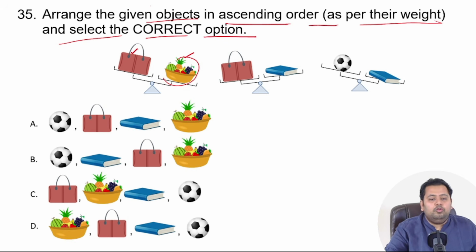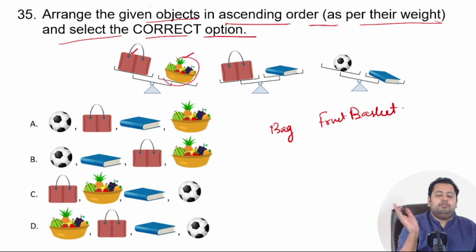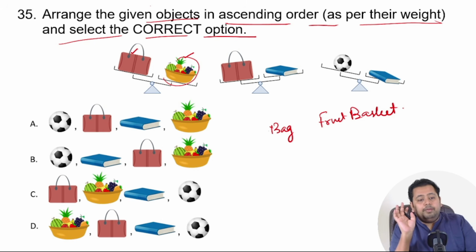So we know fruit basket is heavier than bag. So let's just try and write this. Maybe the bag and then there is fruit basket. So I know in the order fruit basket has to come last and before that bag has to come, right? Because fruit basket over here is heavier, right?